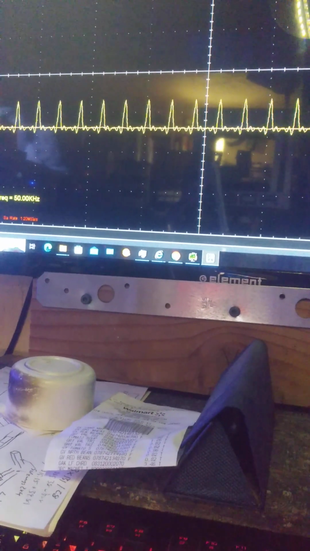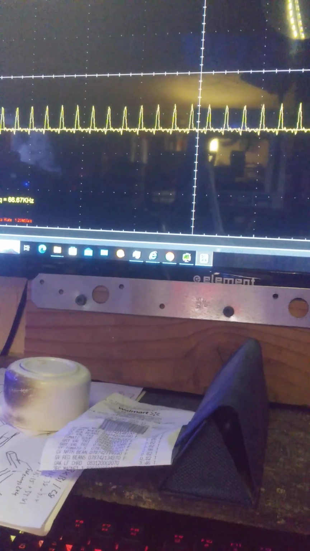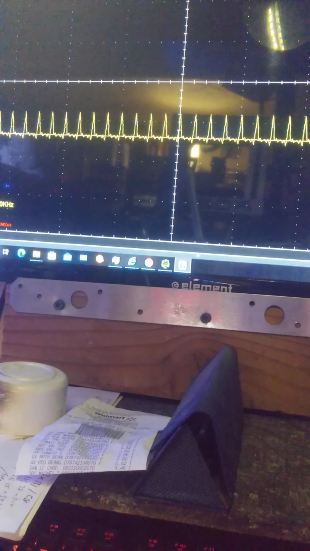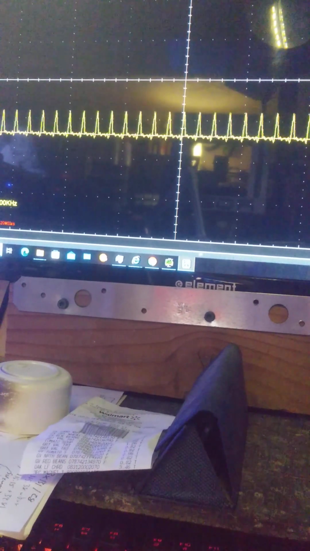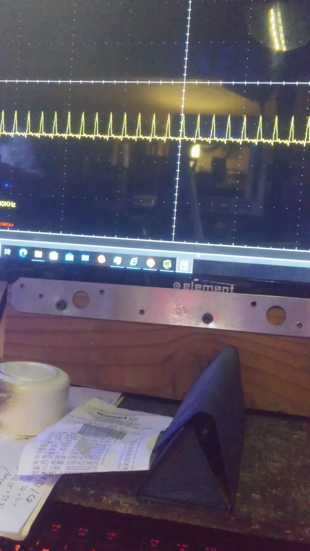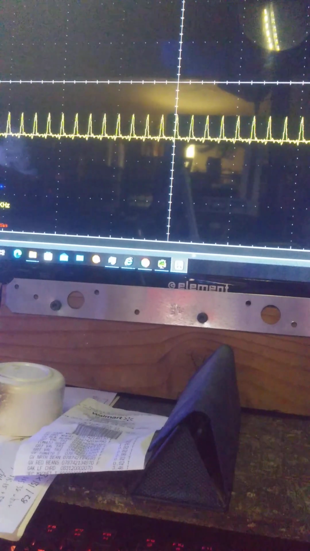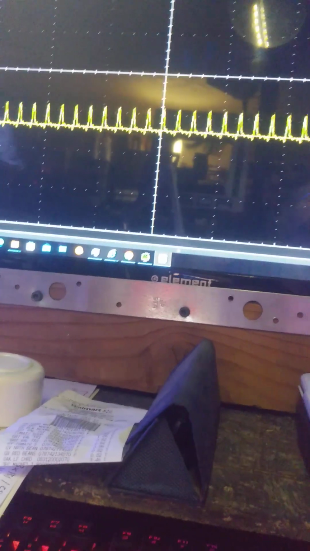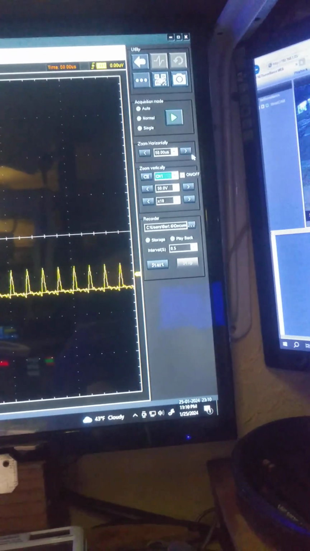40, 50 kilohertz, 66, 66. Now it's starting to. It's right. I got it at 80 kilohertz right now. It's measuring 75. So let's see what happens when I change the scale.